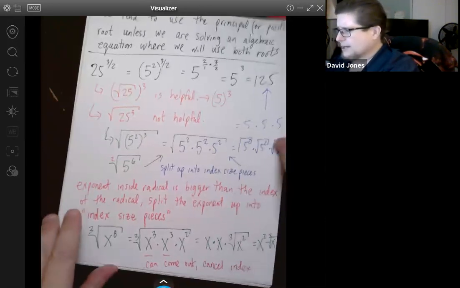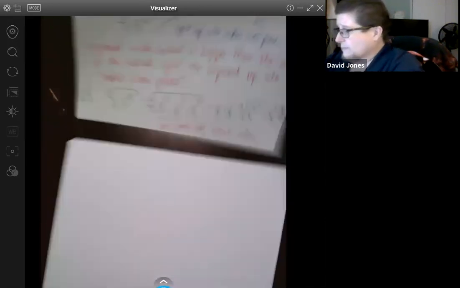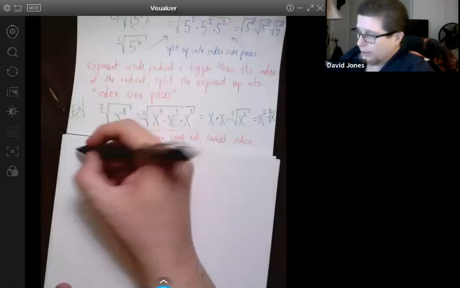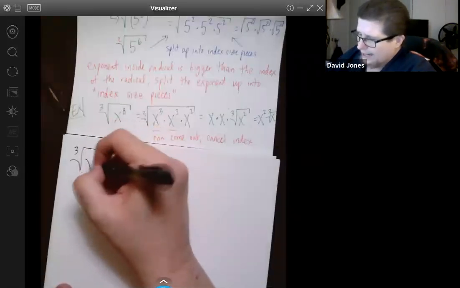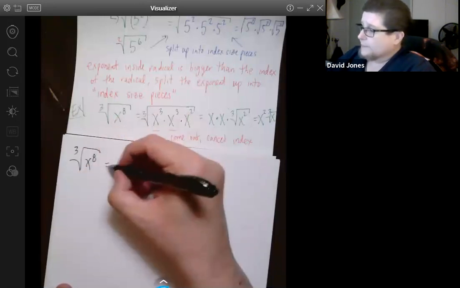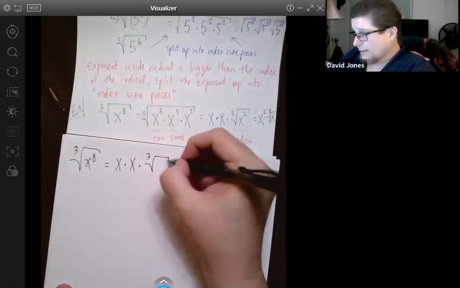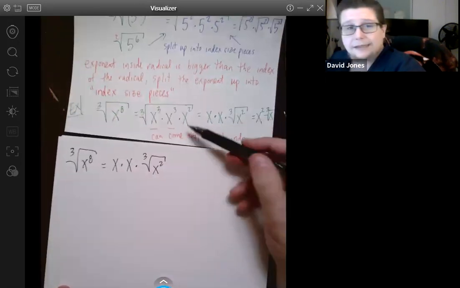And maybe I should do that on another page real quick, because I didn't do a good job illustrating a good point. Cube root of x to the 8th is x squared times the cube root of x squared. I'm bypassing that middle step that I did.